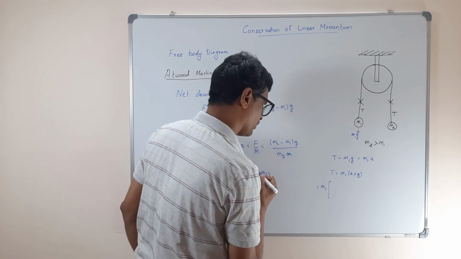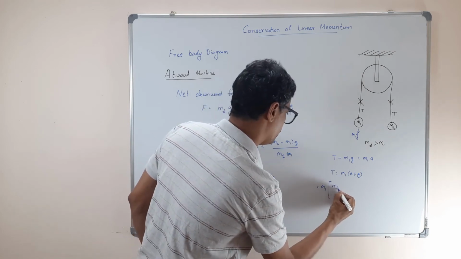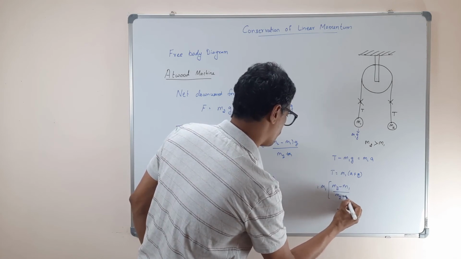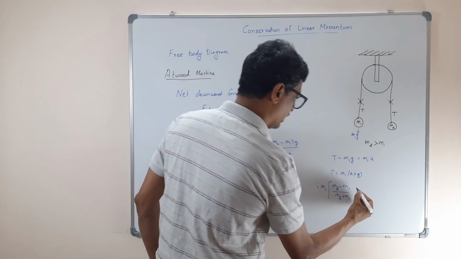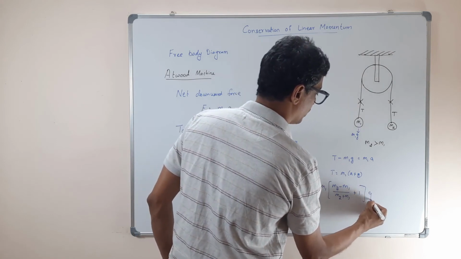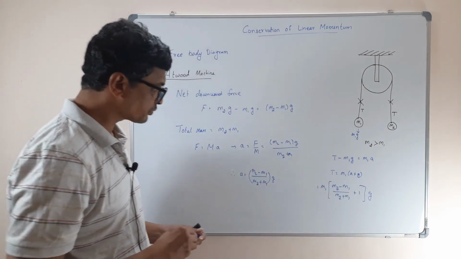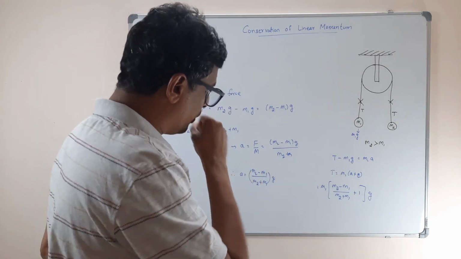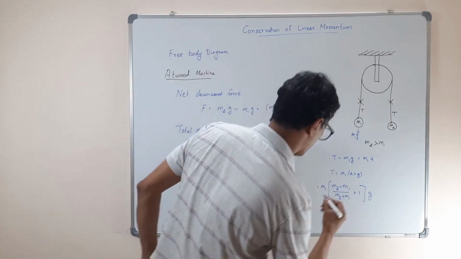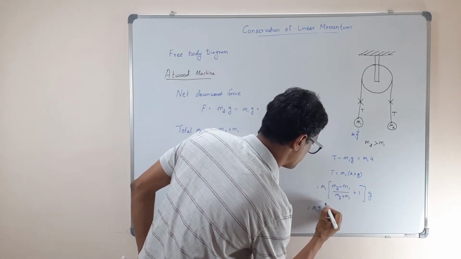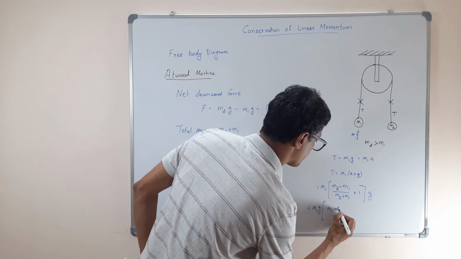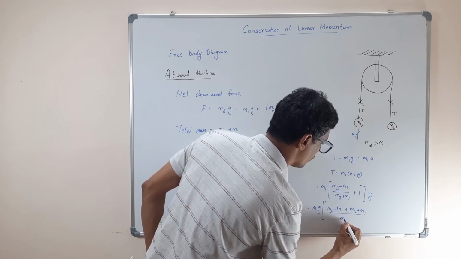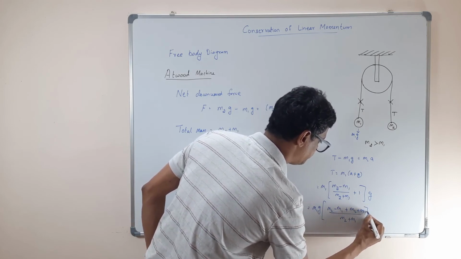Let us put the A here. M1 times M2 minus M1 divided by M2 plus M1, and G is there. I'll take the G commonly outside, so it becomes 1. Can I do like that? So M1G. Now tell me. So M1G into, equal to M1G into M2 minus M1 plus M2 plus M1, so 2M2 divided by M2 plus M1.